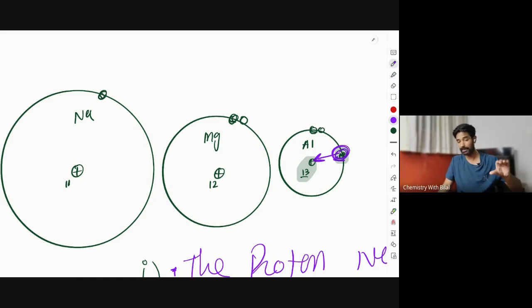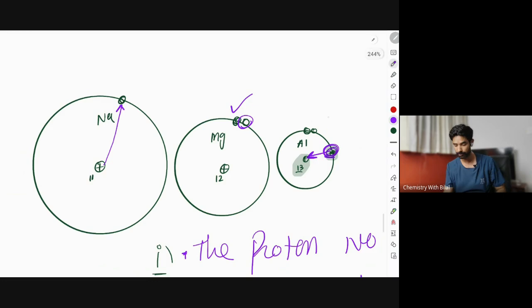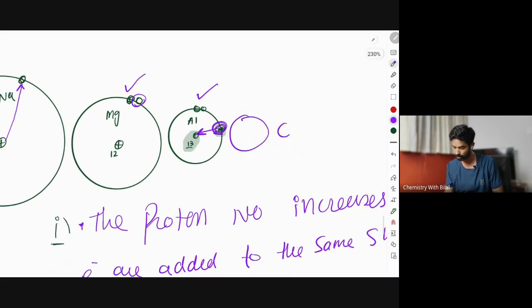So this means you need to look at the radius. In an atom with a larger radius, the electron is away from the nucleus compared to this electron. So when you go across the period, the ability to lose an electron decreases. The first atom of the period can lose an electron easily, and its ionization energy is the lowest. The next one needs more energy, and the one after that even more.